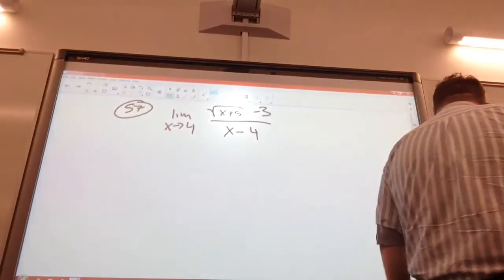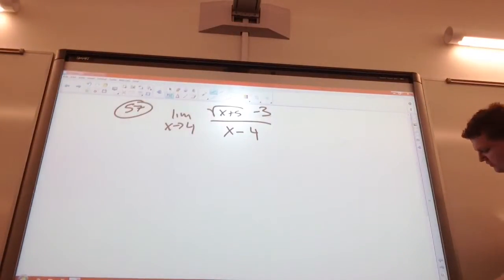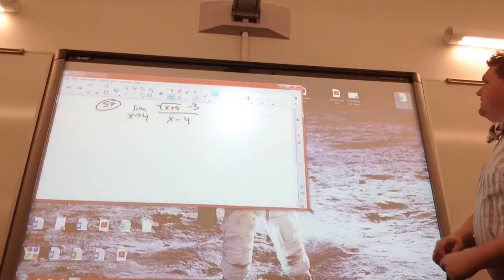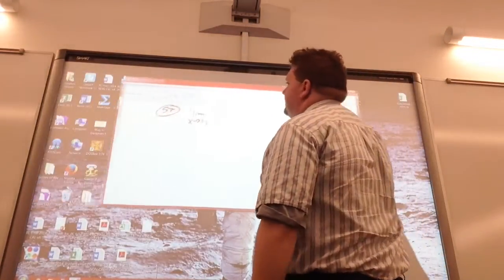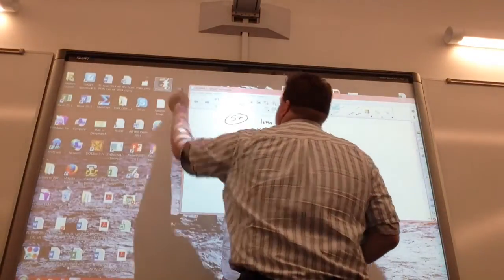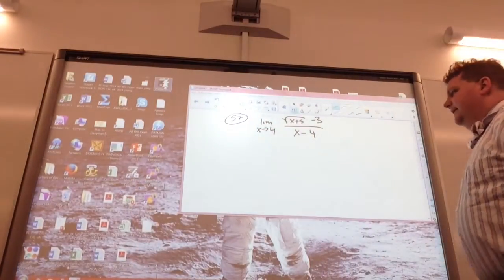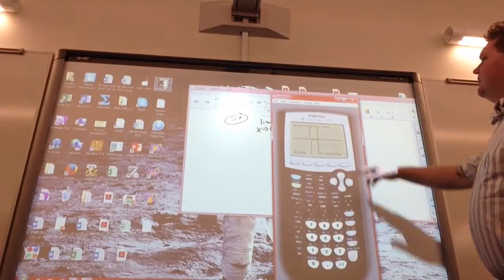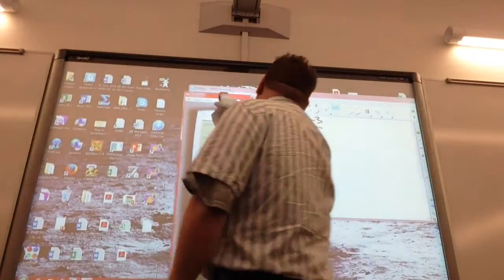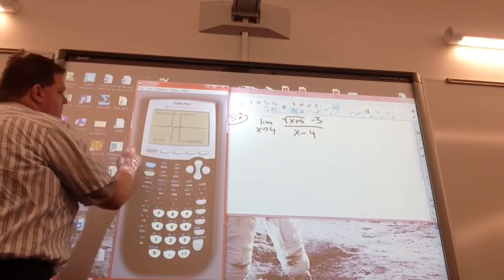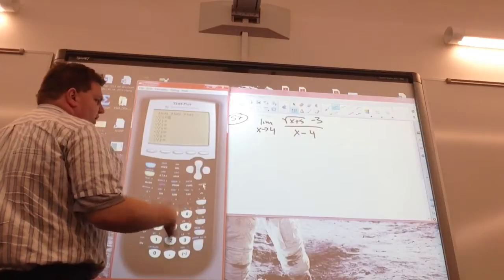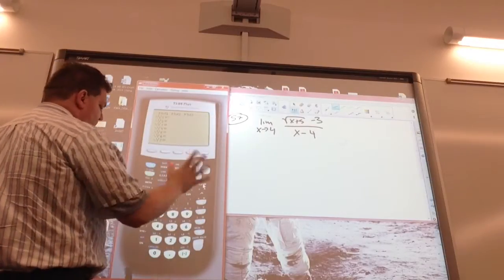The directions, though, tell you how to do it. They say, use the graphing calculator. So we'll bring up the graphing calculator and graph this function. Entering it in, you want to use parentheses to make sure you get it properly put in.